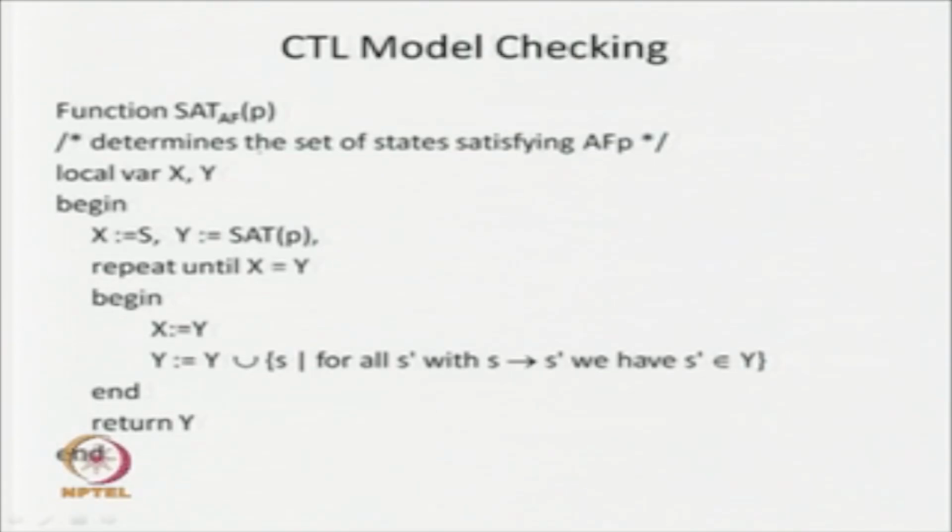Our semantics says that the present state includes the future behavior, and after that we look for all the states from which we have a transition to those states. So we collect all states S such that we have a transition from S to S prime, where S prime belongs to Y. This is basically what happens. You can see something like that.